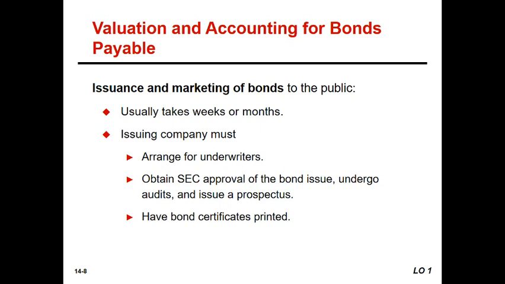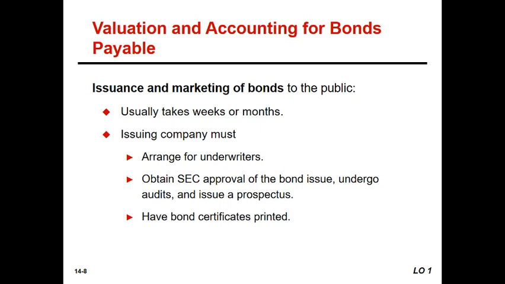Issuance and the marketing of bonds. The time frame on this can be pretty substantial. It can take anywhere from just a couple of weeks to up to 6 months to go through the entire red tape process. Because there is a fair amount of time that can occur, there can be a resulting impact on the selling price of the bonds in comparison to the face value of them.